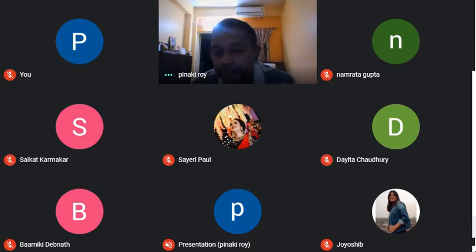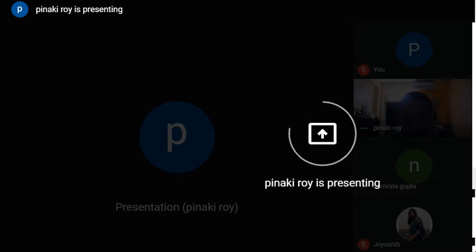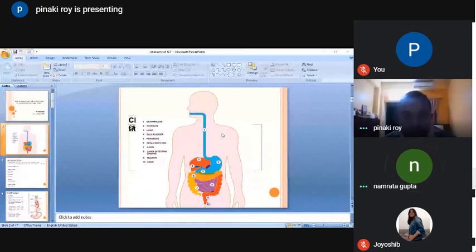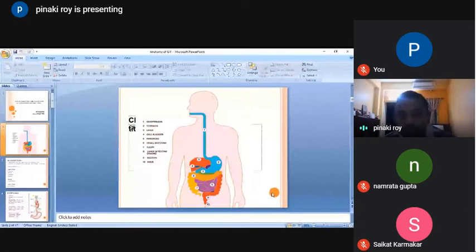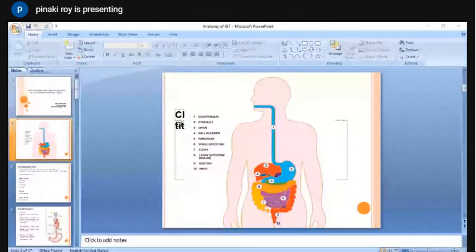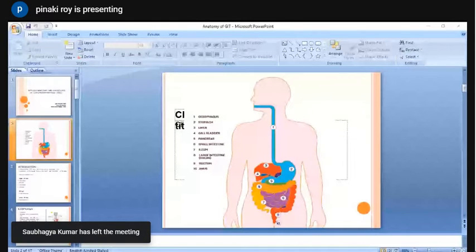Is it visible? Yes, sir. This part is visible. But we are not sure, sir. Now what is visible? Sir, it is showing the GI tract, whole of it. The second slide, sir.